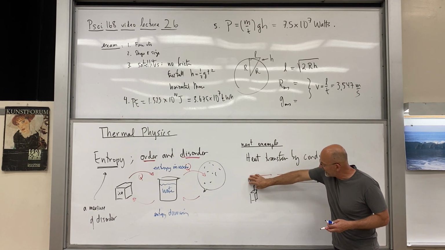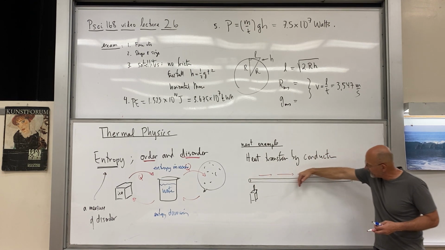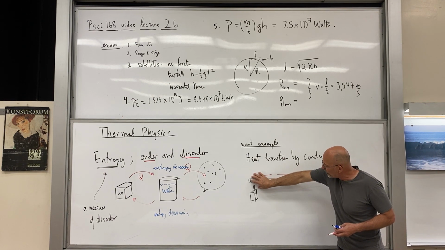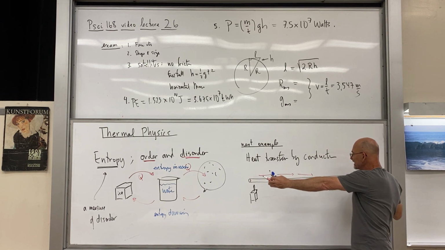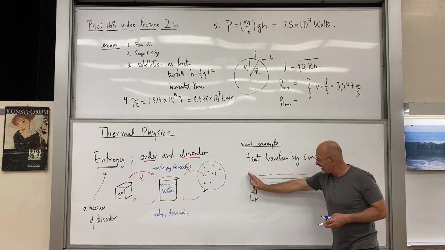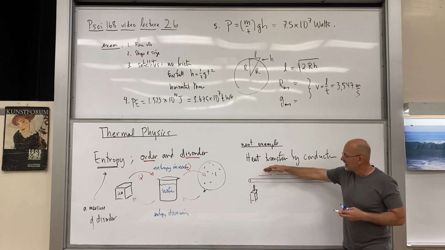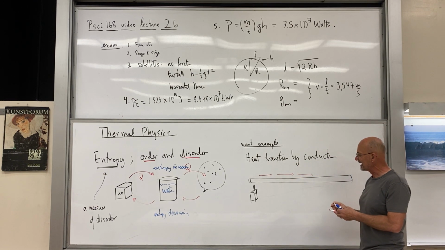It's because the molecular collisions, where the molecules are agitated, they collide, and therefore the agitation is moving in this direction. So you could say that there's disorder, and the disorder is spreading here. So when the whole thing is heated up, it's more disordered. So the change of entropy goes along with the direction of the flow of heat.